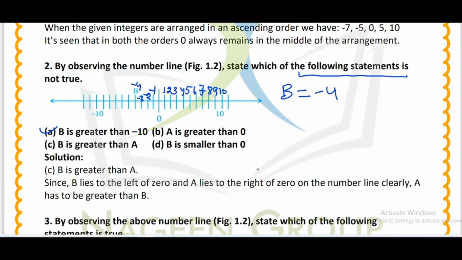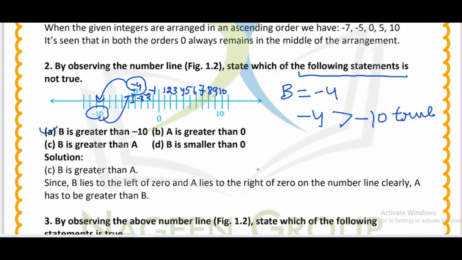Then the first part says B is greater than -10, it means -4 is greater than -10, which is true, because when we compare -4 and -10, -4 is on the right side of -10. It means -4 is greater than -10, which is true.